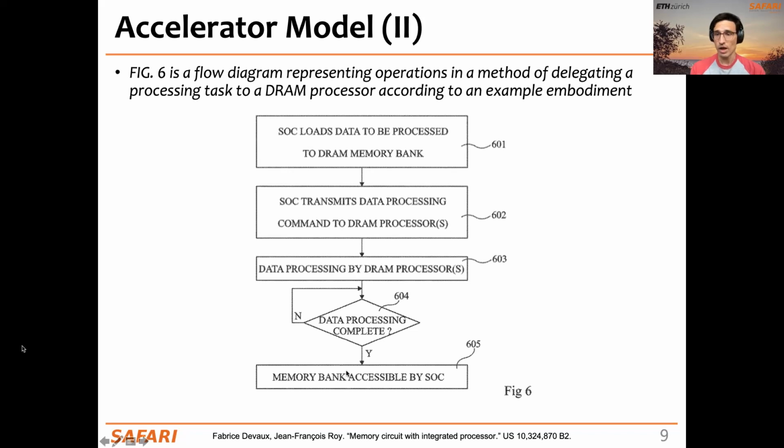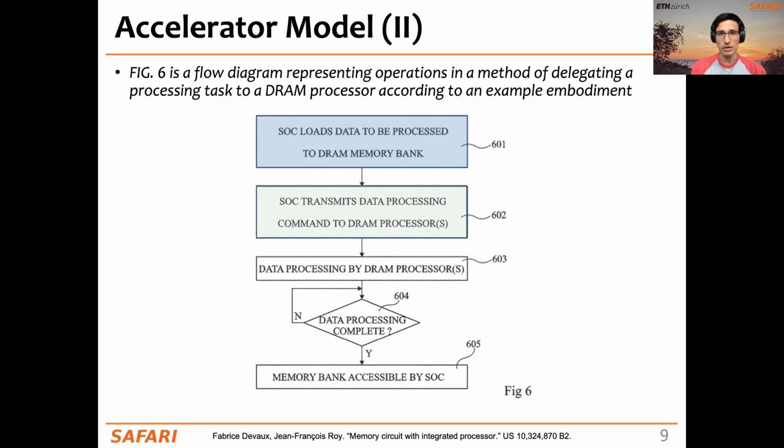And if we have a system with a host processor or a system on a chip acting as the host processor, and we have this PIM-enabled memory, if we want to run code in this PIM accelerator, the first thing that the host CPU will have to do is to move data to the NRAM banks.